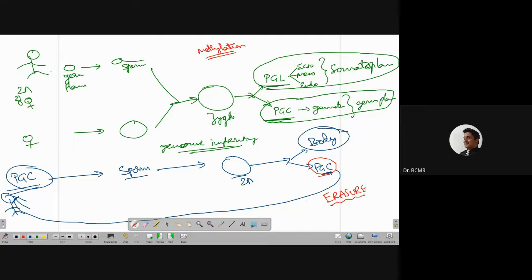Okay, imprint erasure. And this step is gametogenesis. From primordial germ cells, we get the gametes, and gametogenesis we will call it. If it is sperm forming, we will call it spermatogenesis. If it is egg, we would call it oogenesis. During gametogenesis, the imprints are established.